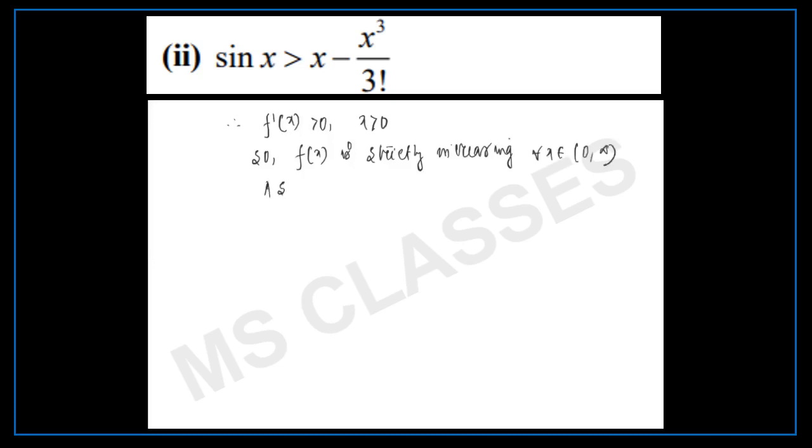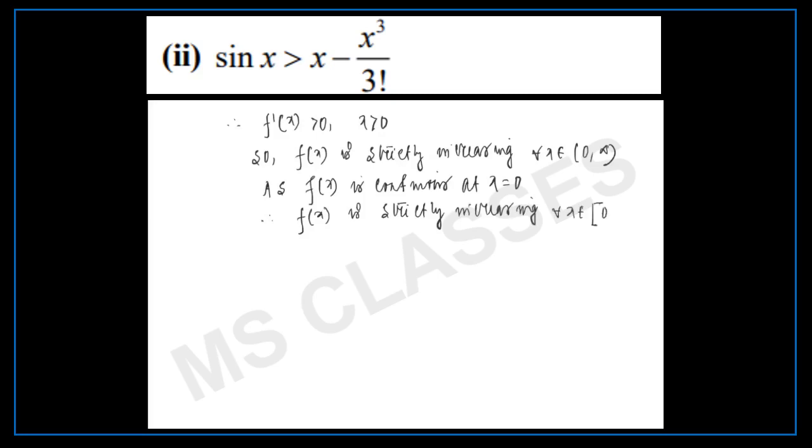As f(x) is continuous at x equal to 0, therefore f(x) is strictly increasing for all x belongs to 0, infinity.